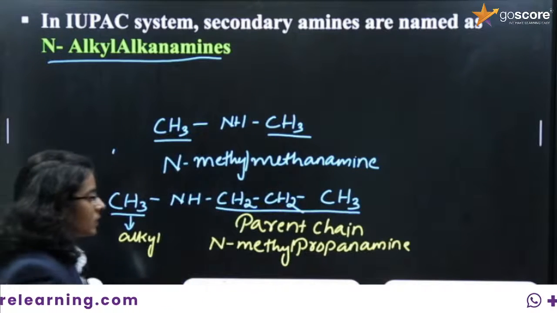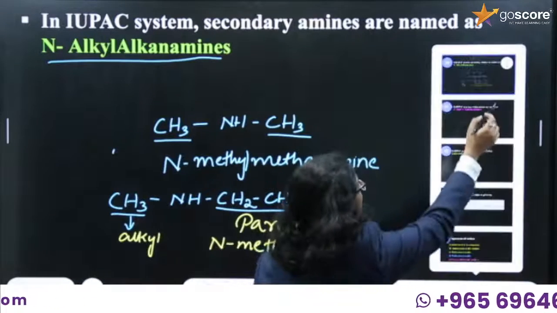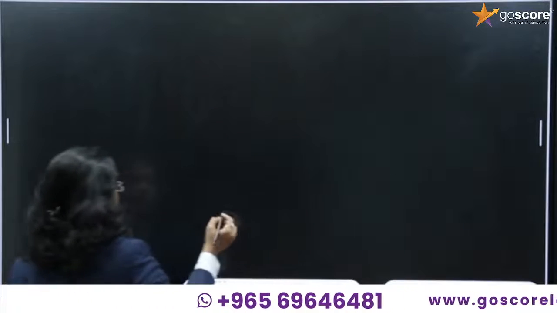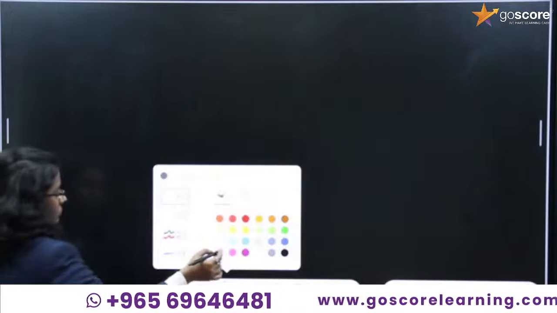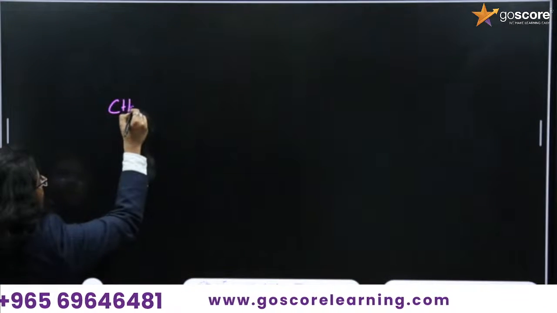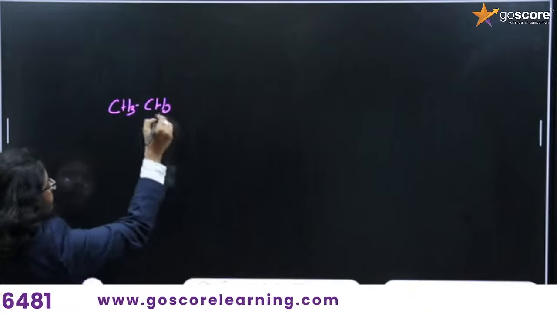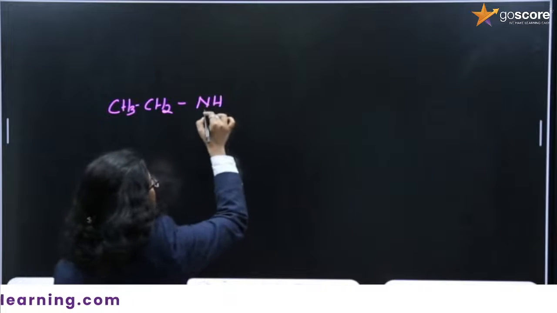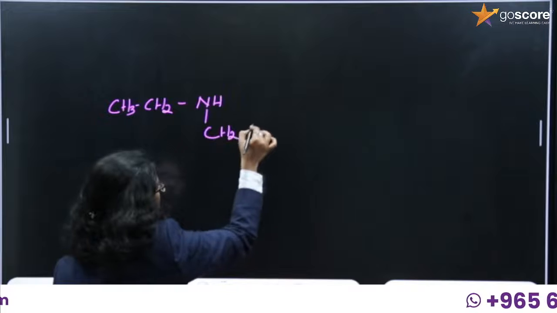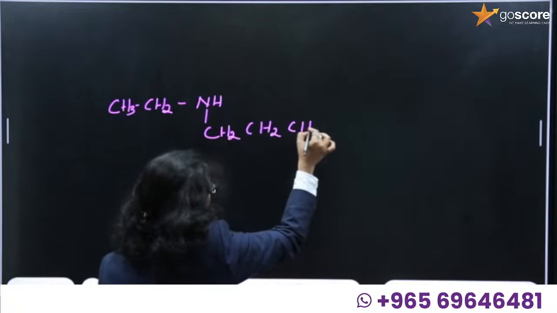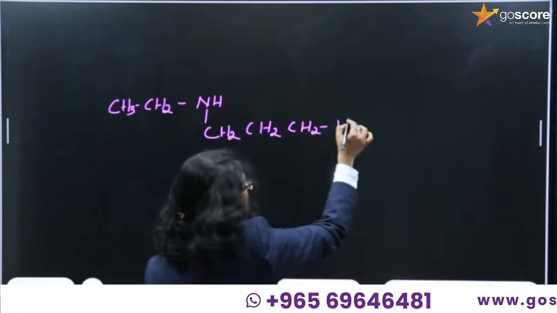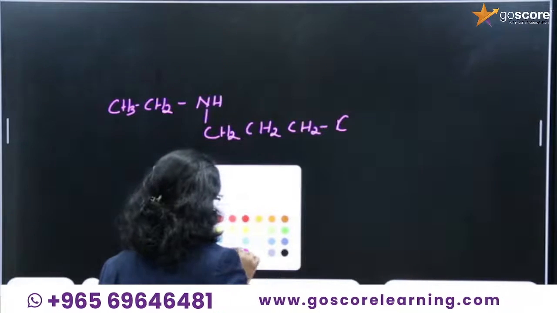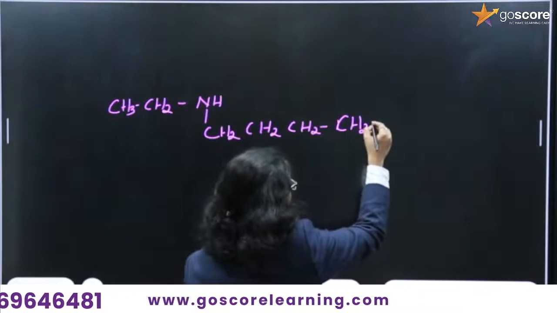Is it clear? Okay. Another example for this one is CH3, CH2, NH, CH2, CH2, CH2, CH2, CH2, CH3.